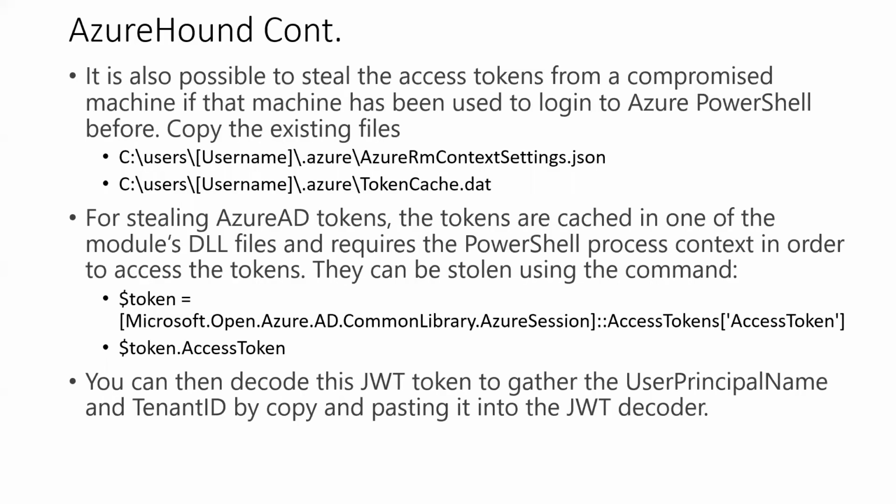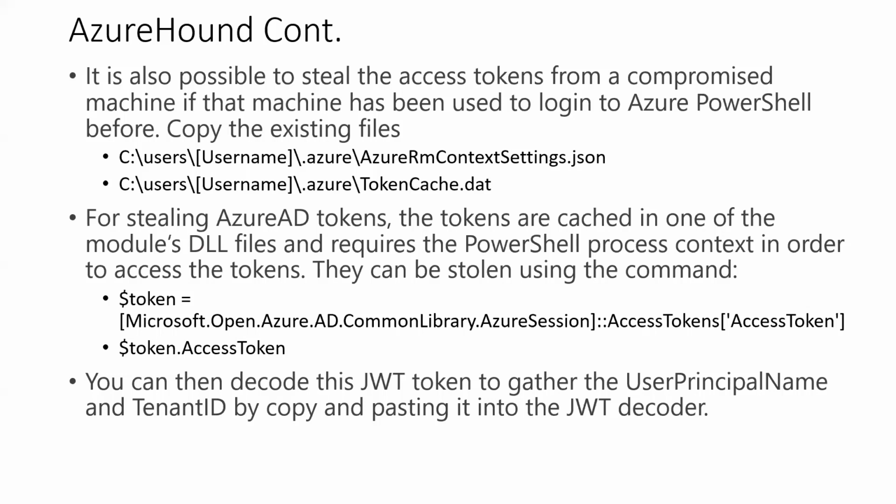So another thing AzureHound can do, it can grab access tokens from compromised machines. So when an attacker gets access to a machine that has logged into Azure, it has functionality to pull out those existing files under the Azure RM context settings JSON and token cache, and then basically grabs that stuff.